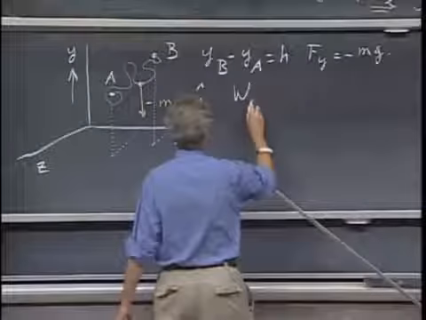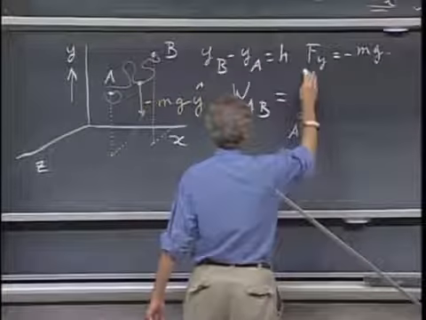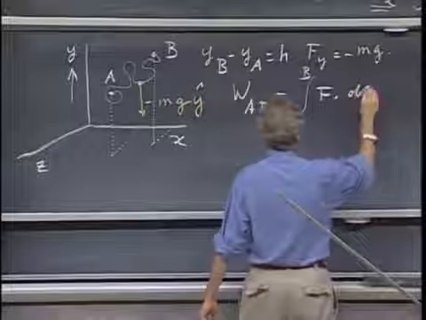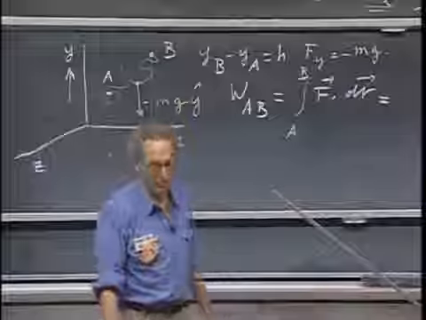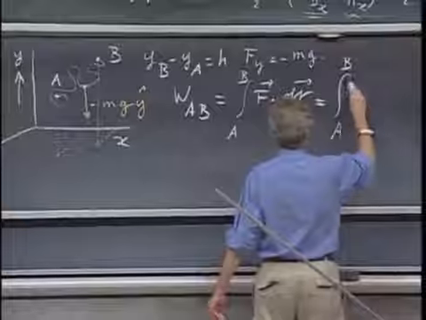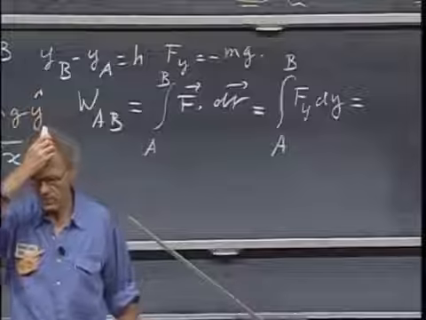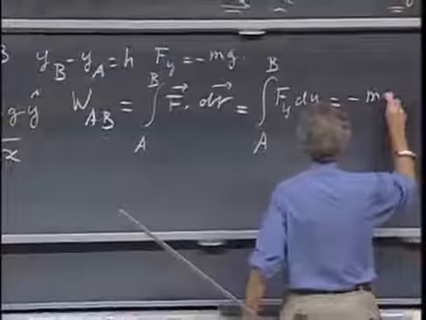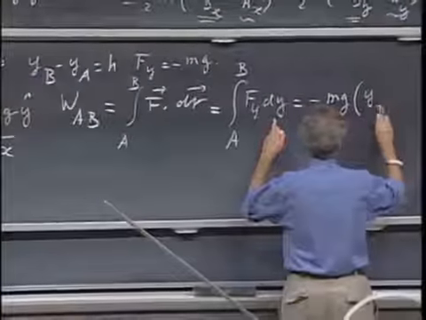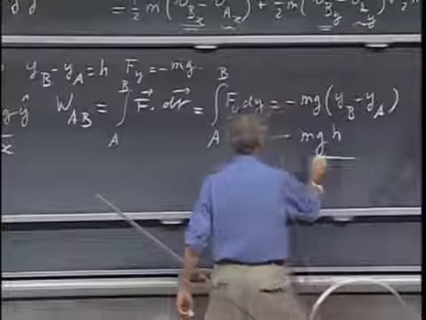And so if I calculate now the work in going from A to B, which is the integral from A to B of F dot dr, then the only term that I have is the one that deals with the y direction. So it is the integral from A to B of Fy dy. And that equals minus mg times y of B minus y of A, so that is minus mg times h.